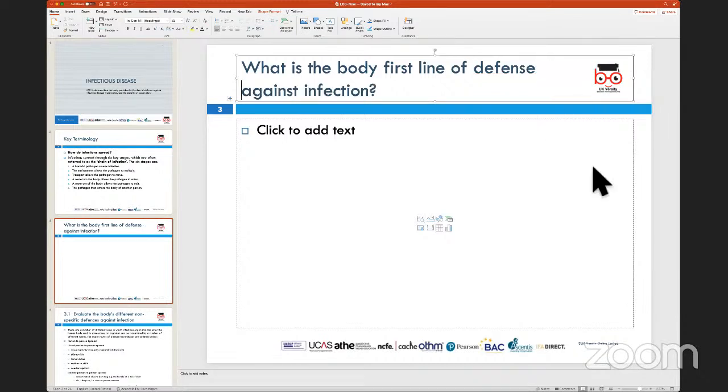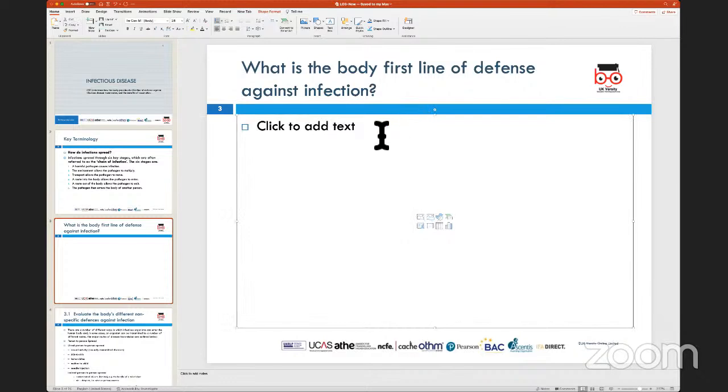Just from a knowledge point of view, from a curiosity point of view, what we also want to understand is what is the first line of defense in the human body as far as infections are concerned.